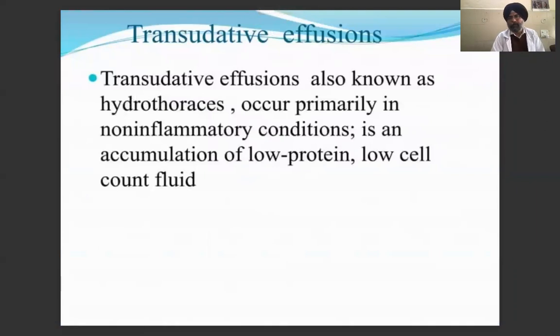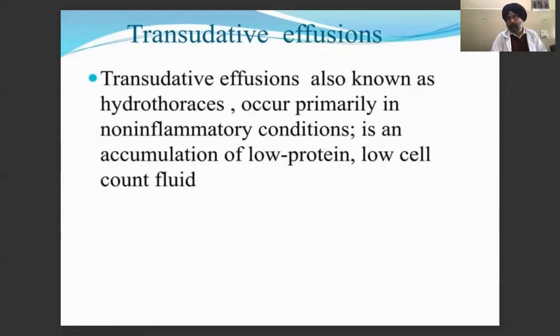First we'll talk about the transudative pleural effusions. The most common cause is heart failure. In heart failure it is because of the primary factors we were talking about, the Starling law, with an increase in the hydrostatic pressure.